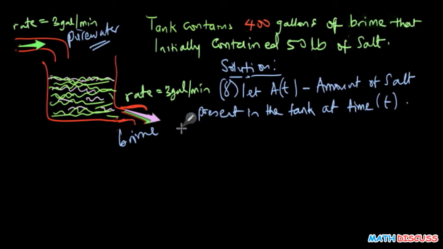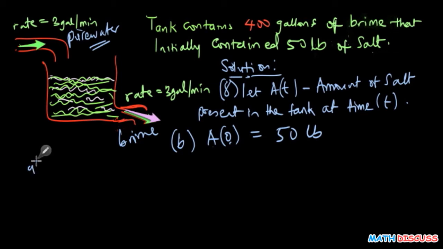According to part B of the question, we are told to find A of 0. What it actually means is the amount of salt when time equals 0. We're giving you in the question that initially it contained 50 pounds of salt, so you do not need to think of anything else. The initial amount is just 50 pounds.